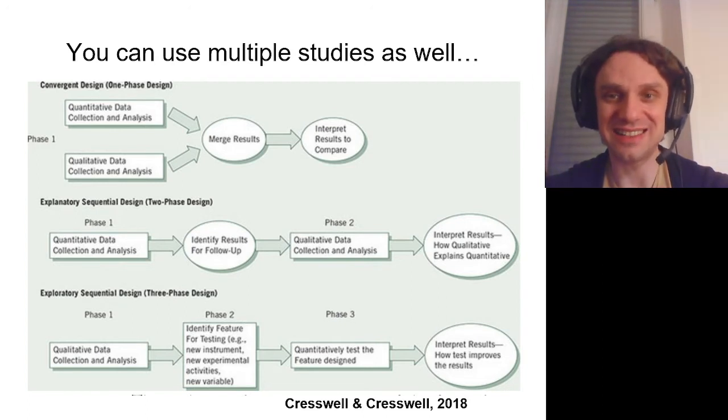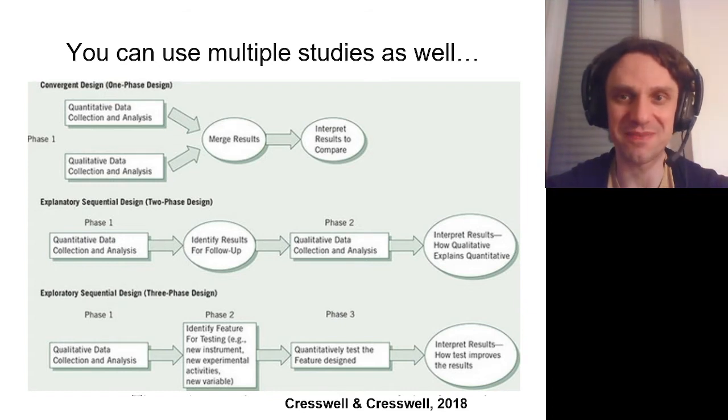So you analyze them pretty much at the same time, and you combine and connect the findings. So this is called a one-phase design because there is only one phase of result interpretation.